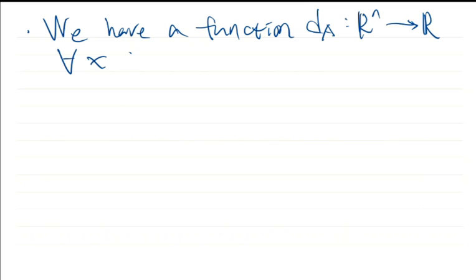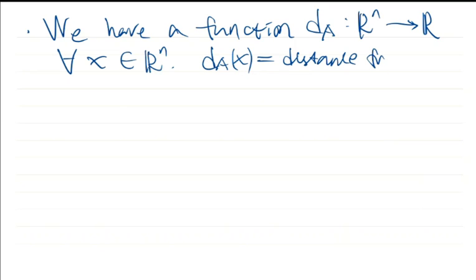For any x in R^n, the value of this function at x is the distance from x to A, which we just defined. So taking different x, we can have different distances. Therefore, we define a new function d_A. This function is very useful.